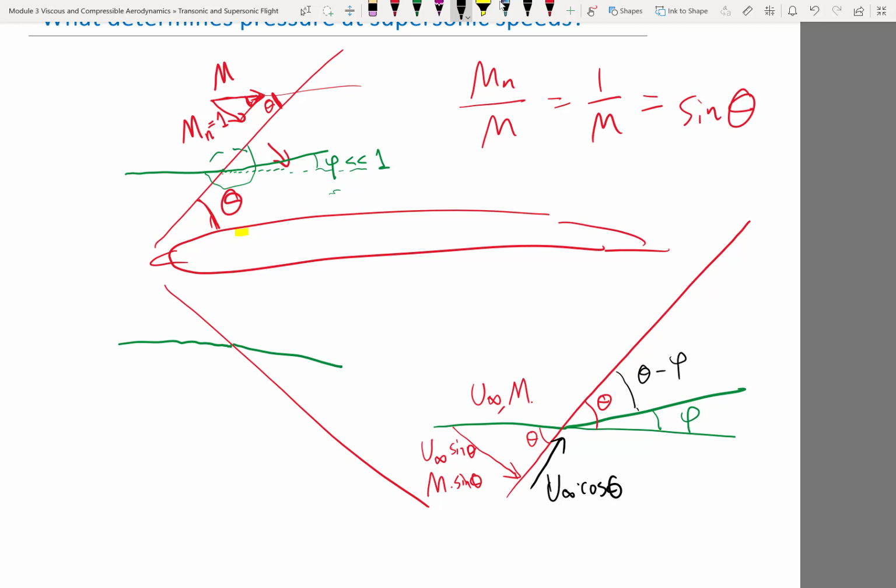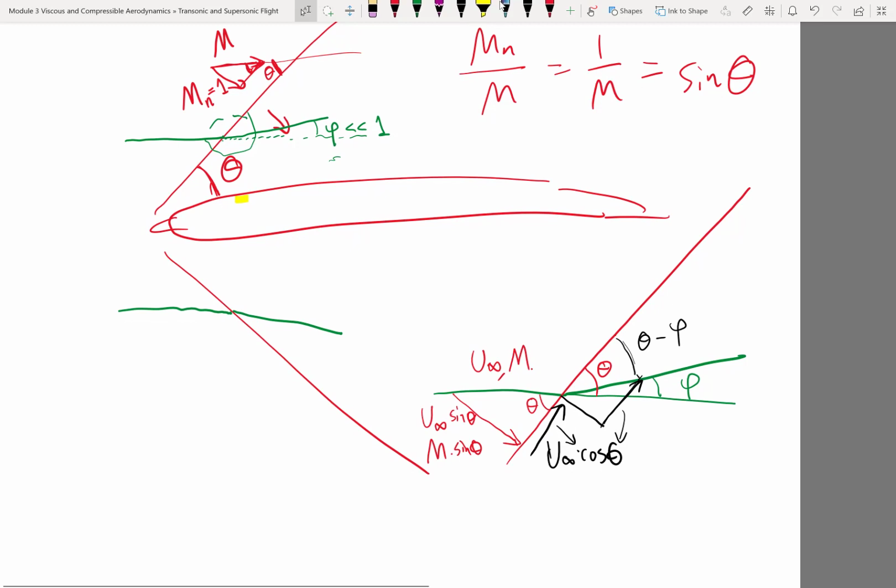All right, so how does that relate to the velocity downstream? Downstream we have an angle that's changed a little bit, right? The tangential component is exactly the same, but the normal component decreased, so the angle would be theta minus phi. So the normal component is going to be the tangential component times what?